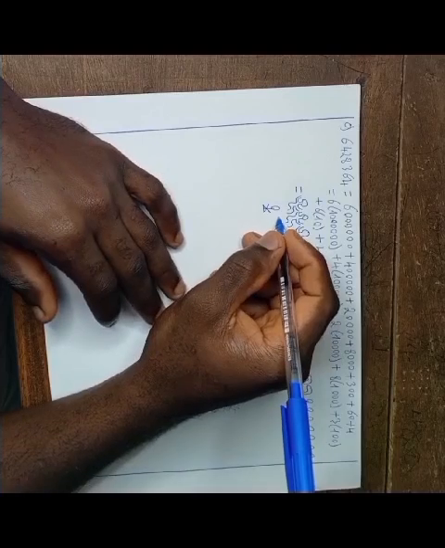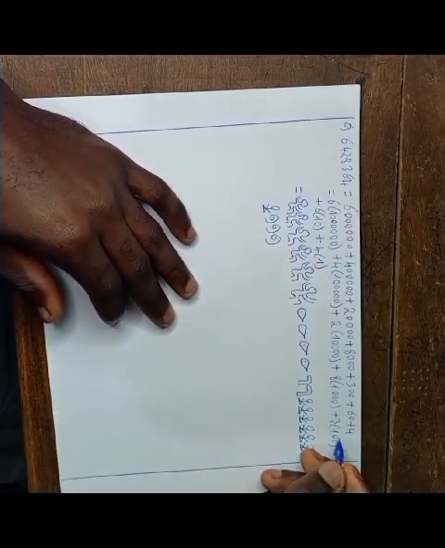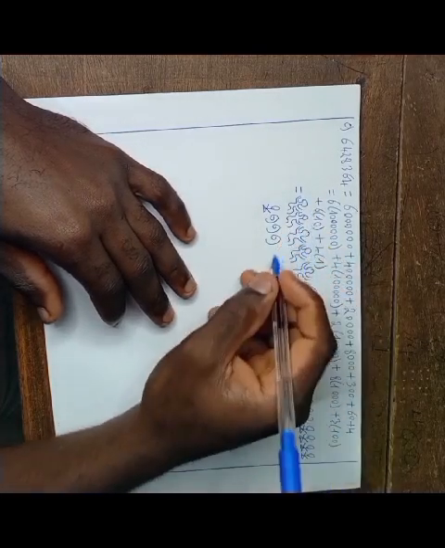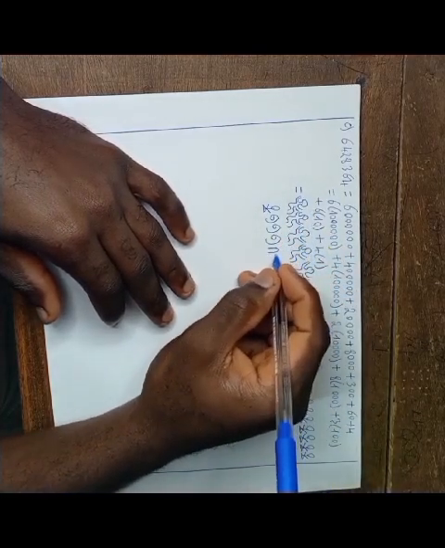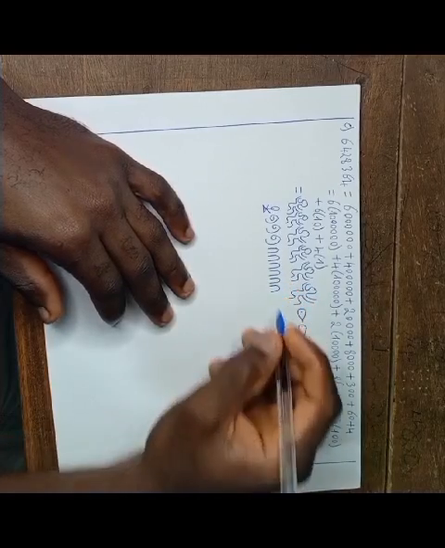So 3 spirals. 1, 2, 3. Next, 6 symbols of 10. 1, 2, 3, 4, 5, 6.